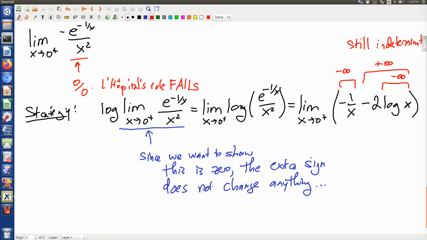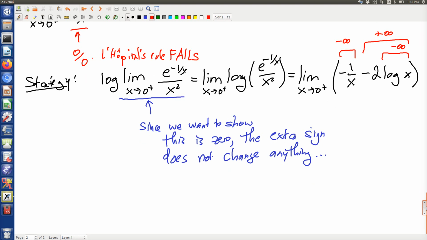That's not really the end of the world, because what we can do is put everything on a common denominator. That, of course, won't change anything algebraically. So we'll have an x in the denominator. We have a minus 1 up here. We have a minus 2x log x in the numerator.